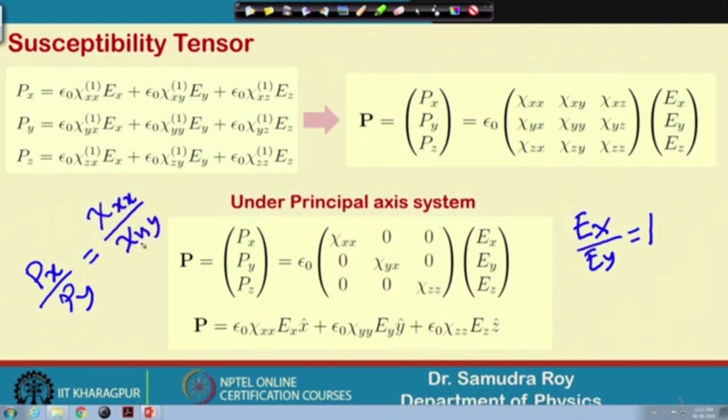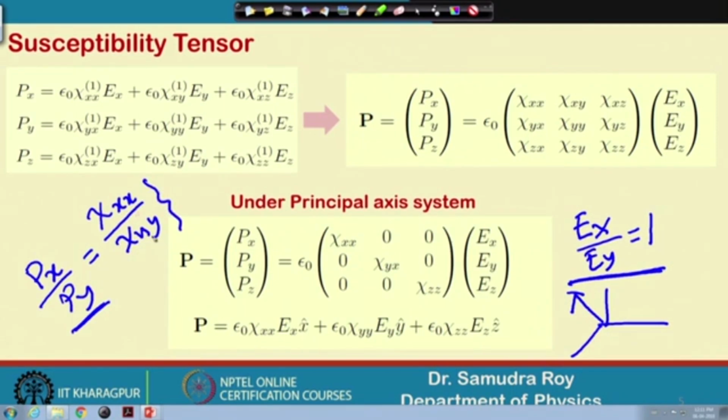So, that means the direction of E and the direction of P is different, because the ratio suggests that E is oriented along 45 degrees in this plane. Px and Py are also in the same plane, that means P is also in the same plane, but its orientation is not 45 degrees because we have this ratio. It is only true when chi xx and chi yy are the same.